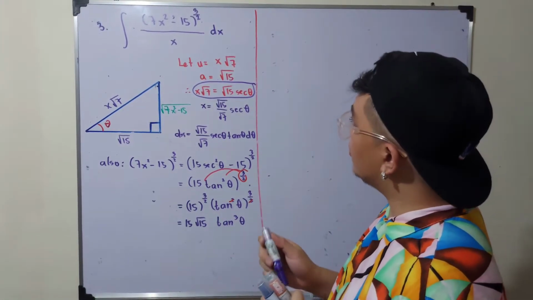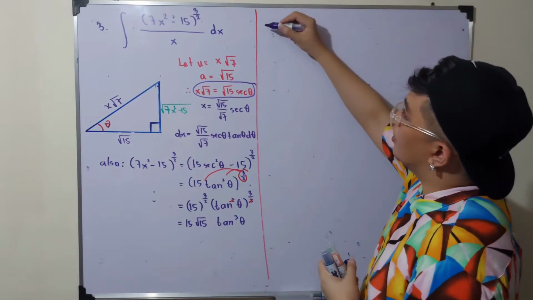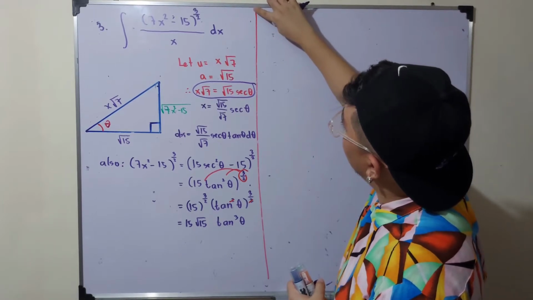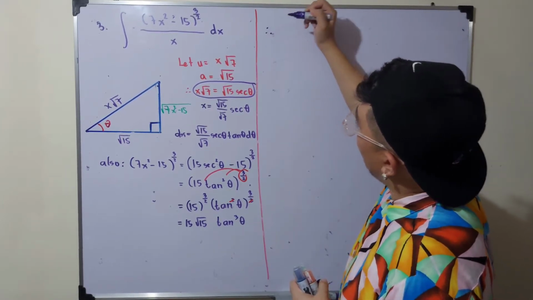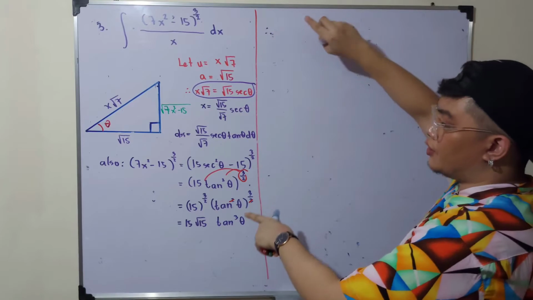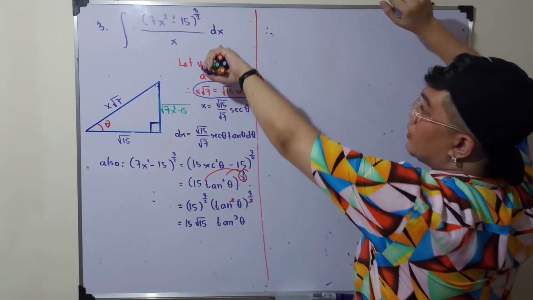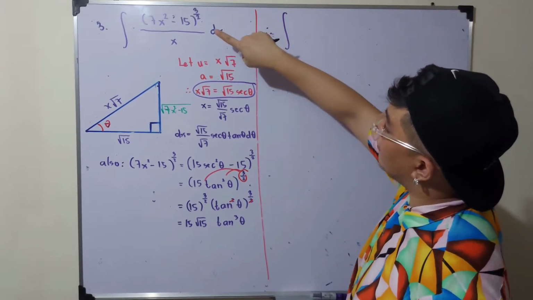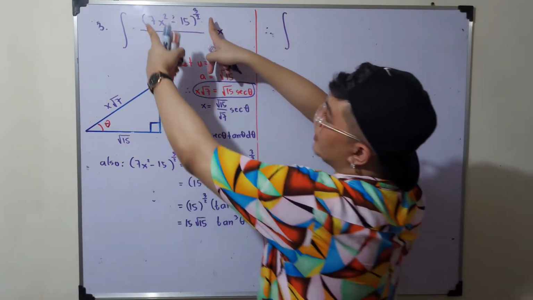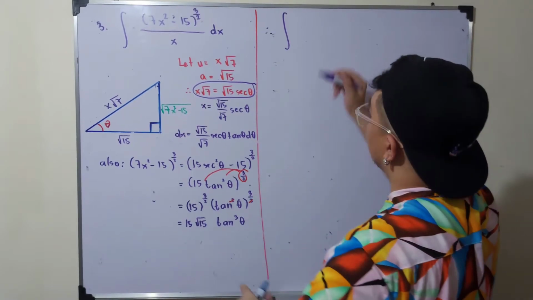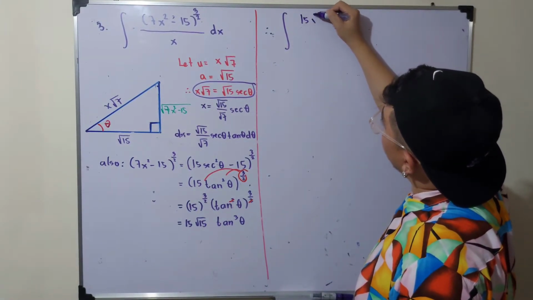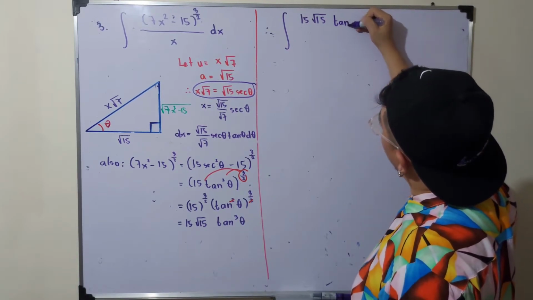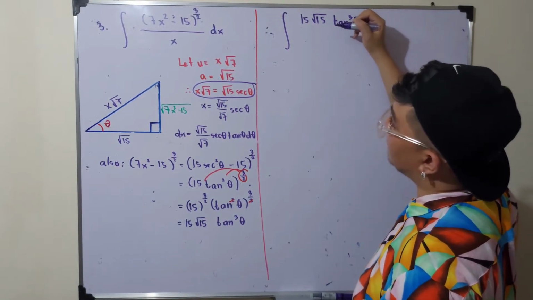Ano susunod? Okay, so therefore, lagyan natin ng therefore, yun yung kasunod na nito. Yun lang pinaka-solution. We have yung value nitong isang buo na to, ito yon. So, 15 square root of 15 tangent cube theta.